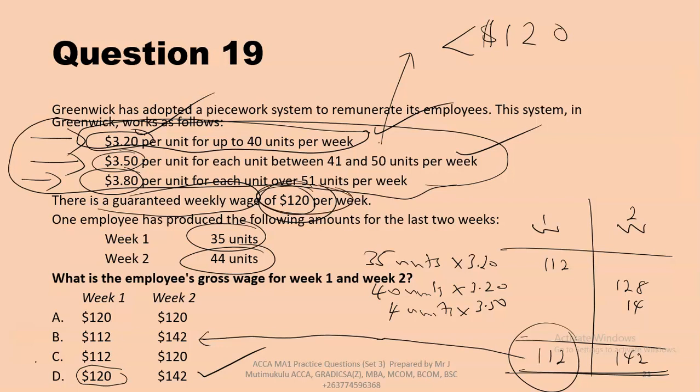So if the employee's production does not meet the 120 threshold, we are still going to pay them the 120, because that's the guaranteed weekly wage.